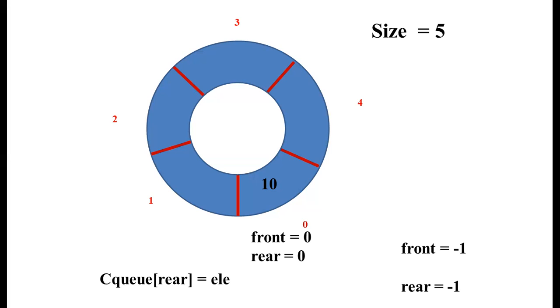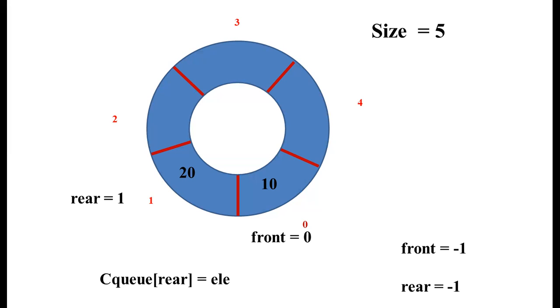When you insert the second element, suppose say 20, then we need to first increment the rear value. So the rear becomes rear plus 1, that is equal to 1. Then we need to insert the value 20 into this particular location.